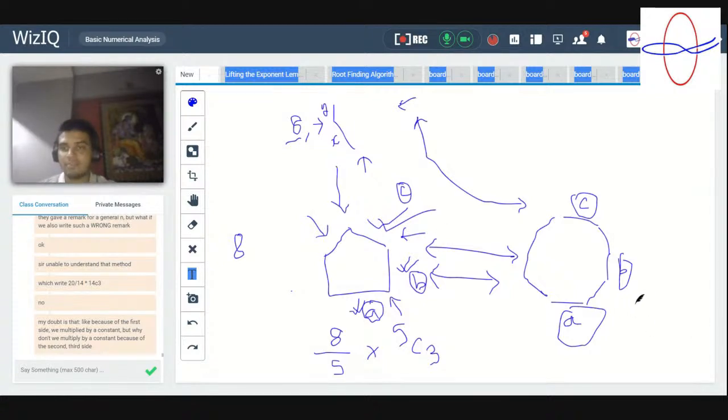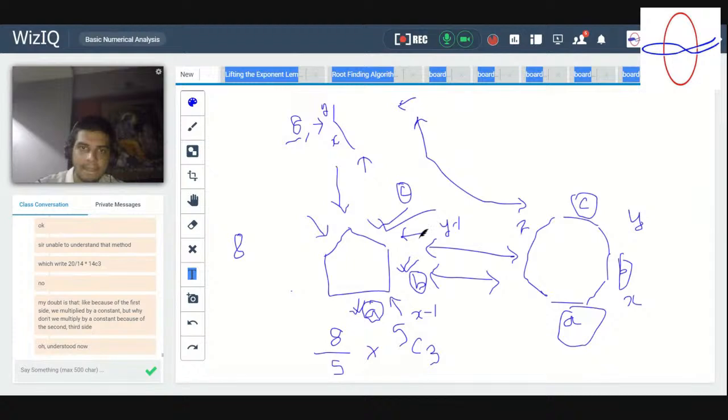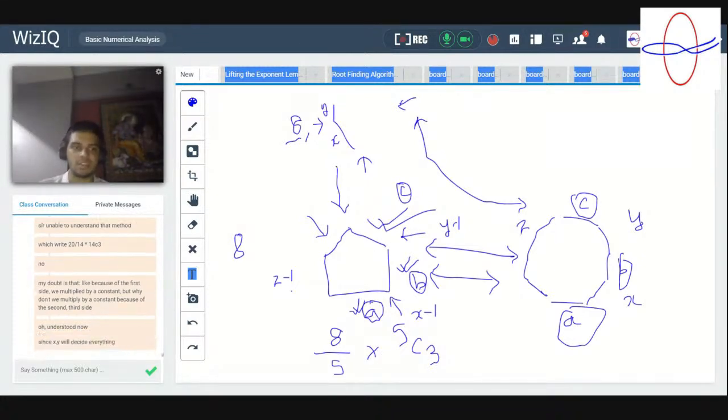Because if you have X number of sides between A and B, Y number of sides between B and C, and Z number of sides between C and A, then all I do is create a pentagon with X minus 1 sides between A and B, Y minus 1 sides between B and C, and Z minus 1 sides. So given the first side, it's a one-to-one mapping. There's no multiplication required.